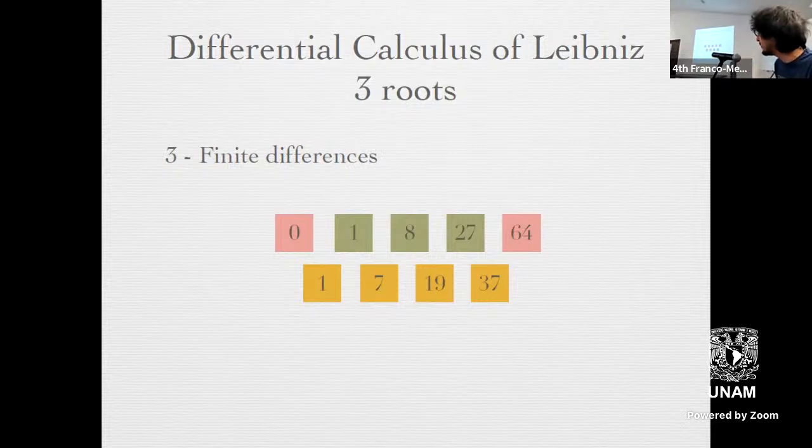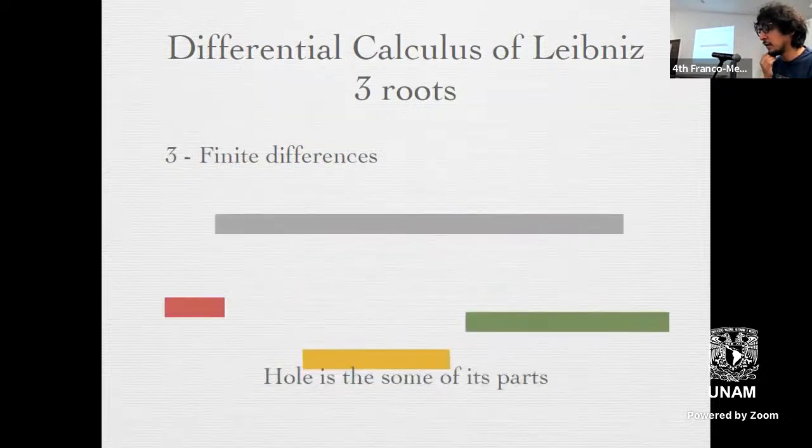So here, for example, the sum of 1 plus 7 plus 19 plus 37 equals 64 minus 0. So that's the fact that the whole is equal to the sum of its parts.